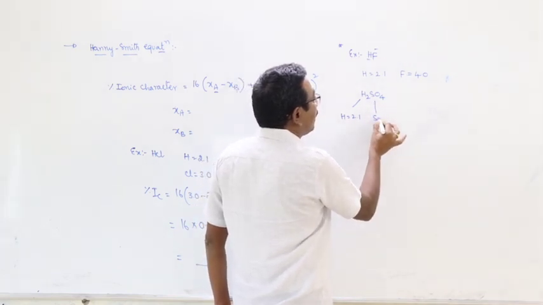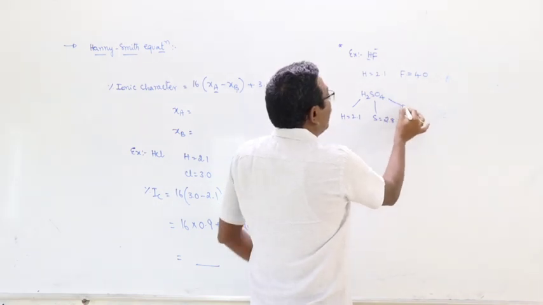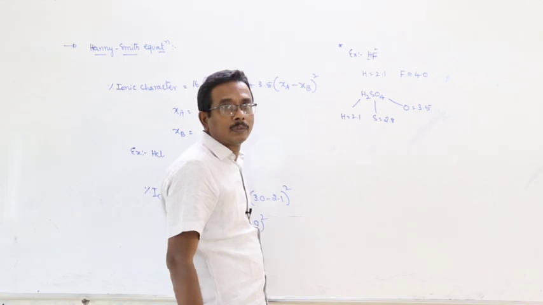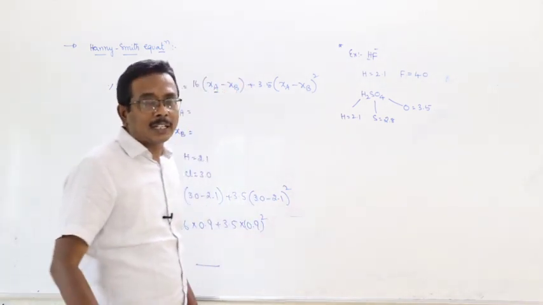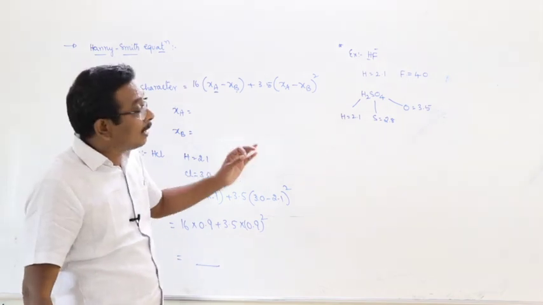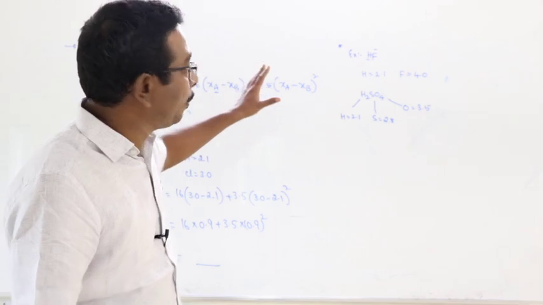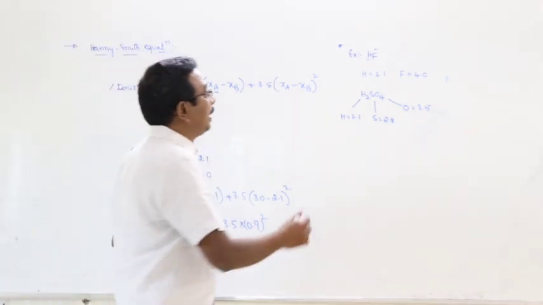Sulfur electronegativity 2.8. Oxygen electronegativity 3.5. Of course, there are some exceptions also. As a result of that, this is not accepted completely or successfully by the IUPAC. This is a formality only.